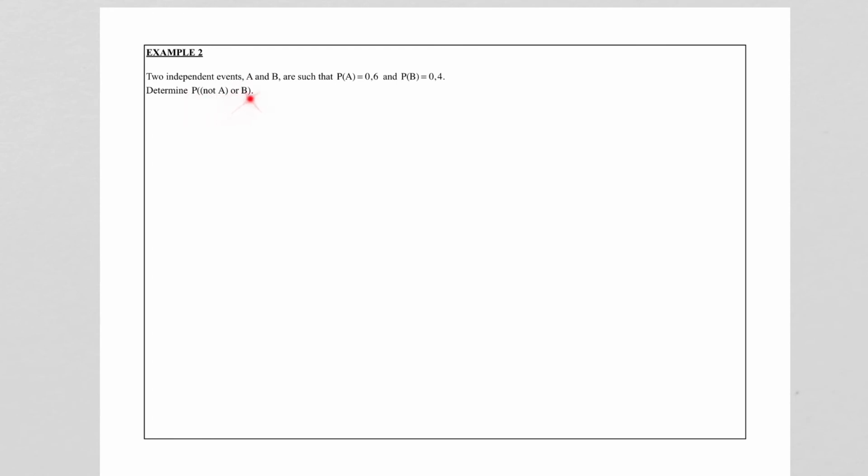Now, the moment they want us to find one of these probabilities where there's a not with A, or there's a not with B, or sometimes a not with both, like in the previous question, we make use of a Venn diagram. So I would just like to start off by drawing the Venn diagram, and we can see where we will find that probability of not A or B.